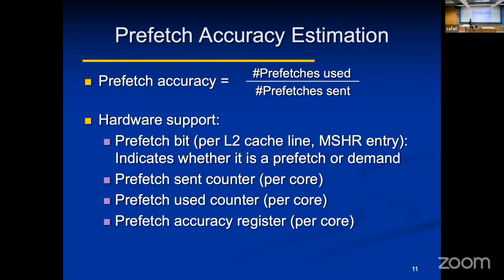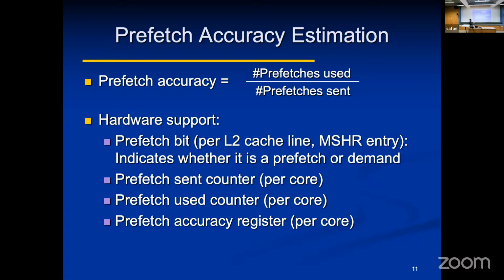If you are not familiar with it, I would say look into the DDCA lectures. There we discuss miss status handling registers in much more detail, right? And then you can also have a small prefetch sent counter, prefetch used counter, and then a prefetch accuracy register. Essentially, the prefetch accuracy register is just a division of the prefetch used counter by the sent counter, right?